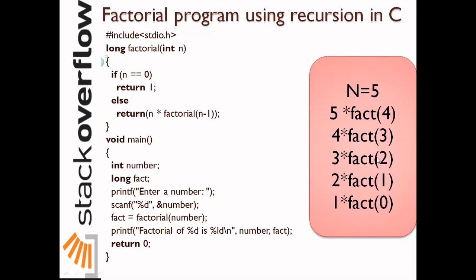This 2 will come to factorial 2. So 2 into 3 is 6. Now this 6 will come here. 6 into 4 is 24. Next this 24 will come here. So 5 into 24 is 120. Now the condition is satisfied, so it will come here and display the value 120. So the factorial of 5 is 120.